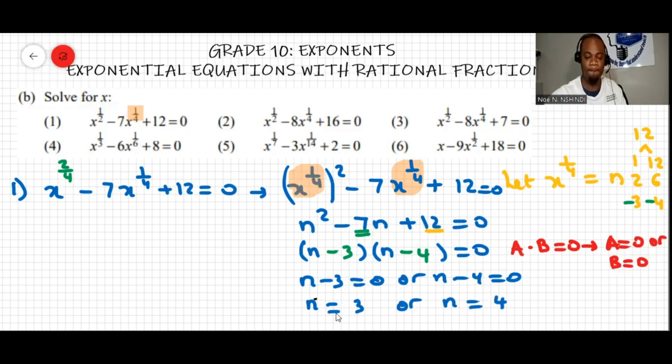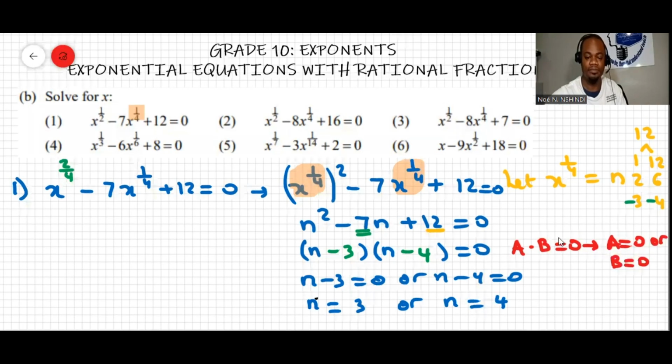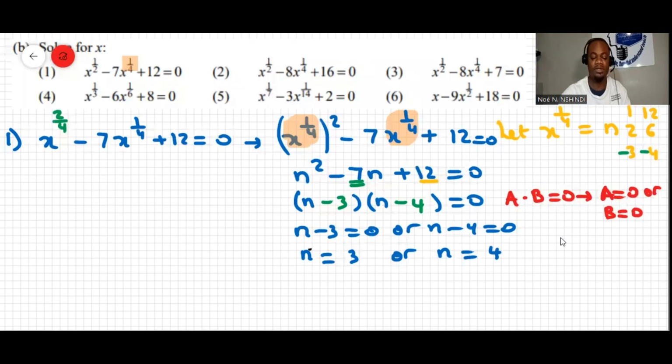Remember, we were not looking to calculate n, we were looking for x. So n is x to the power of a quarter. If I substitute, x to the power of a quarter equals 3, or x to the power of a quarter equals 4.